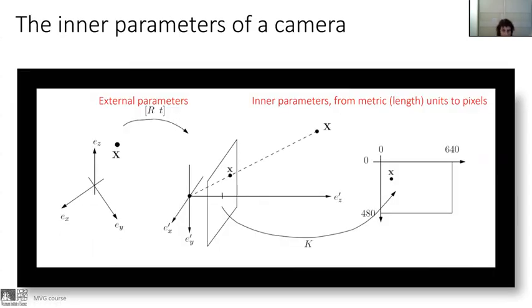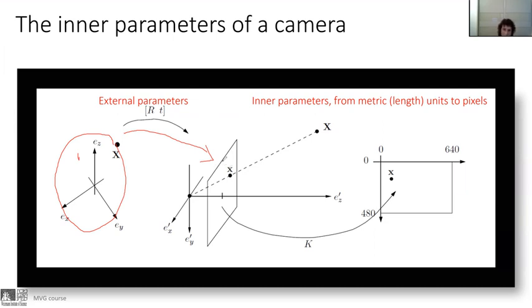So we discussed so far the external parameters, which means that I have a global coordinate system and I would like to move to a local coordinate system. This is the reference system and this is the local coordinate system.